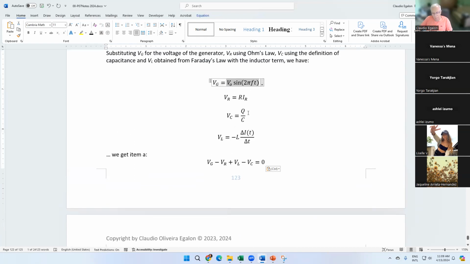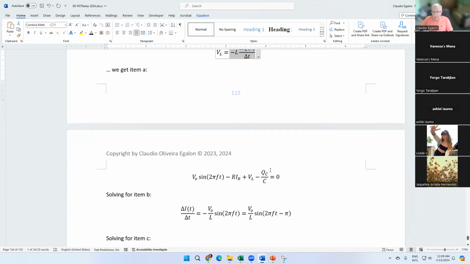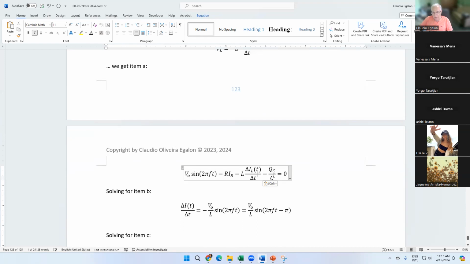V sub G, V sub R, V sub L. For now I'm going to state that this is charging the capacitor, and you will understand why I'm doing that very soon. And finally, V sub L.